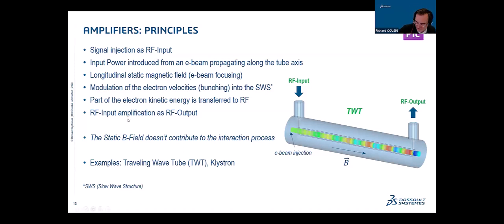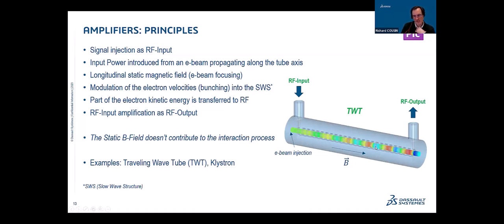So here there are key factors to take into account. For the amplification process, you need a modulation of the electron velocity, which is the so-called bunching effect of the particle beams in the slow wave structure.